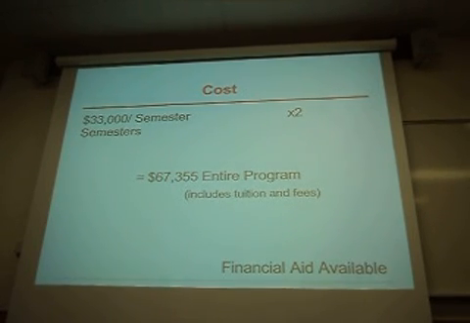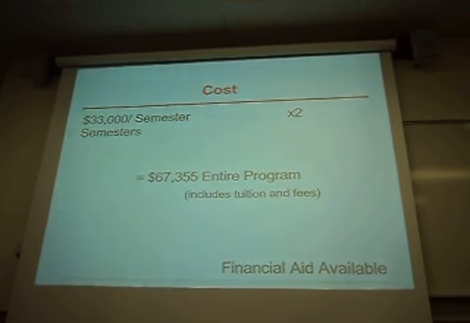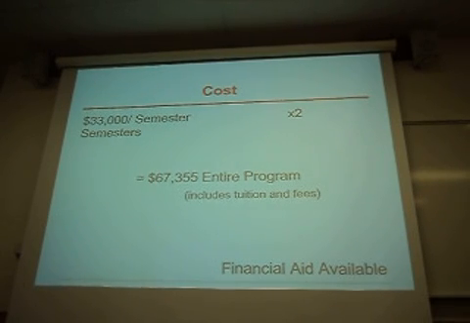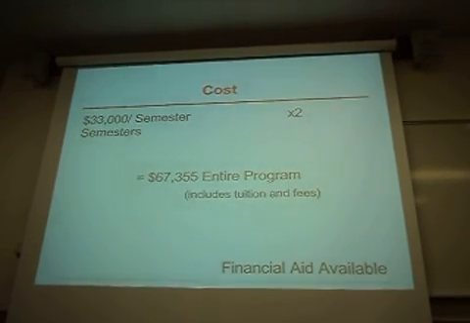That includes it all. When I went there, they gave me literally a giant packet of financial aid options. So there's tons of financial aid. I think one of them has financial aid options in here. So if you guys want to come up and take a look at those, you're welcome to do that afterward. Questions about the cost?